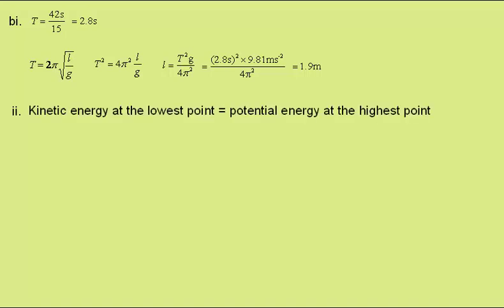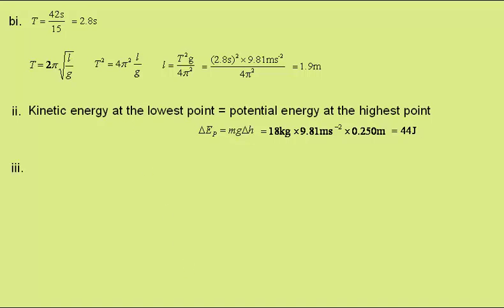Well, the kinetic energy at the lowest point will equal the potential energy at the highest point, and change in gravitational potential energy is equal to mass times gravitational field strength times change in height, which in this case is 18 kilograms times 9.81 meters per second squared times 250 millimeters, which is 0.250 meters, giving potential energy of 44 joules, and therefore the kinetic energy at the lowest point is also 44 joules.